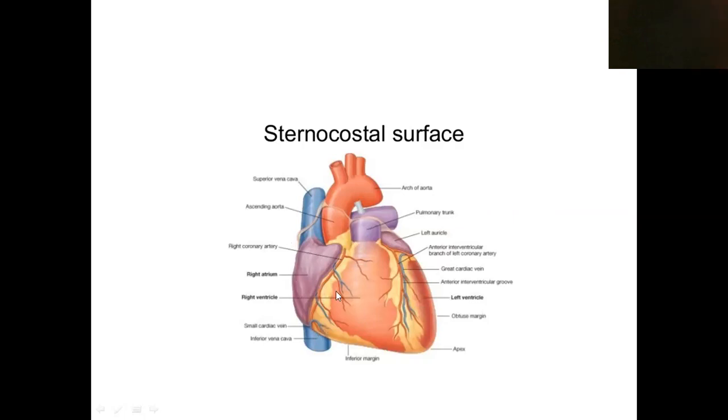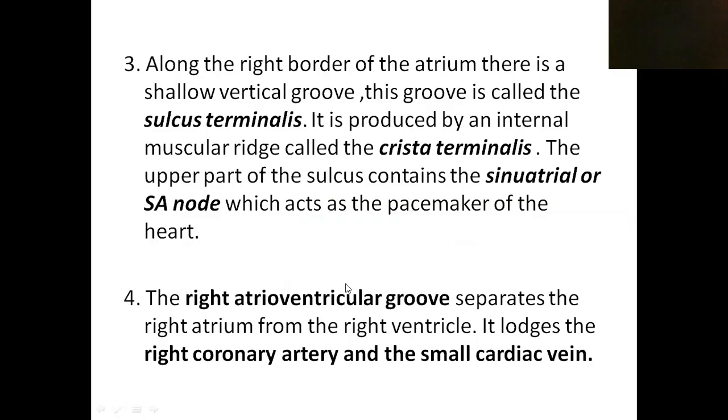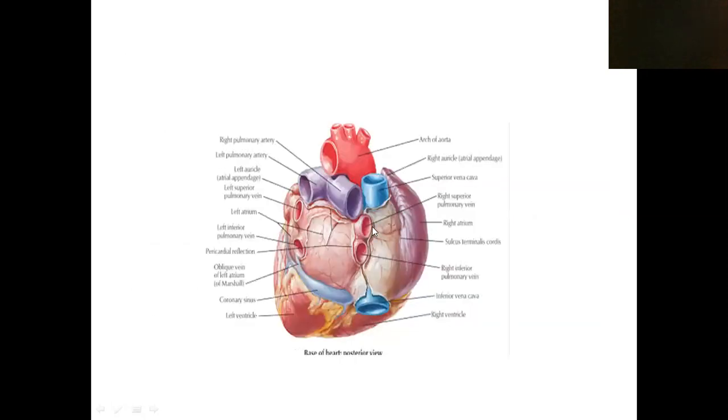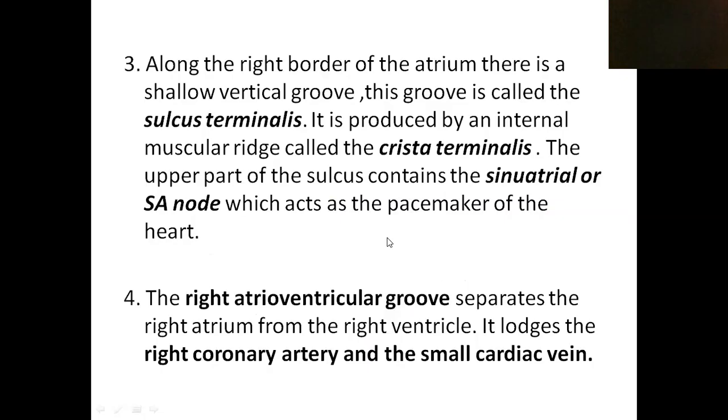So these are some of the external features of this right atrium: the openings of the superior vena cava at the upper end and inferior vena cava at the lower end; then the extension, the auricle; then the sulcus terminalis, the crista terminalis deep to it, and the location of the SA node; and the last point, the atrioventricular groove and coronary arteries.